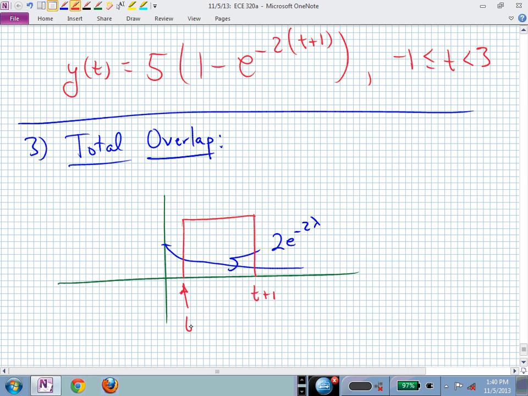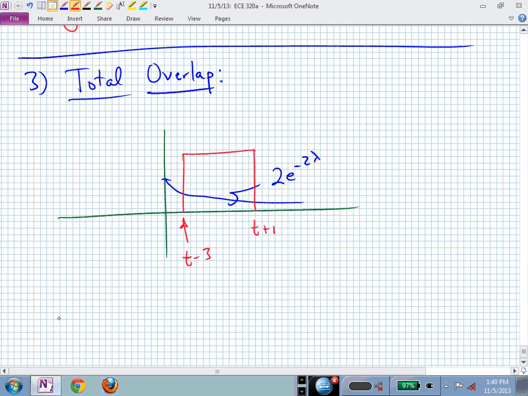This is t minus 3. When is this true? When is this overlap pattern going to occur? We need this t minus 3 to get bigger than 0, don't we? That left side of x needs to pass through lambda equals 0. Or that says as long as t is bigger than 3.